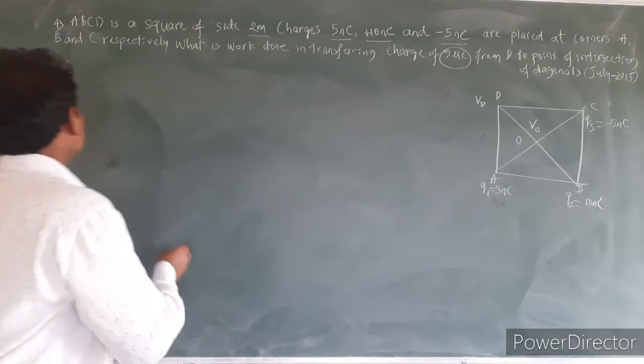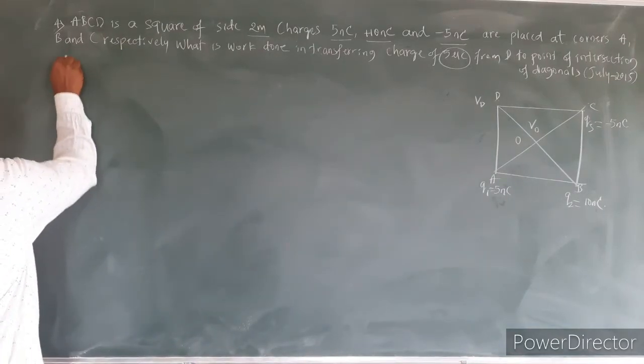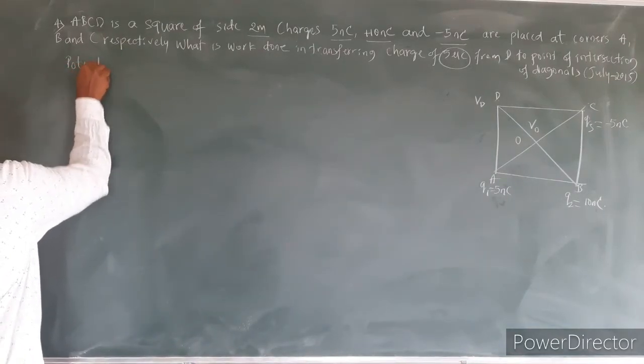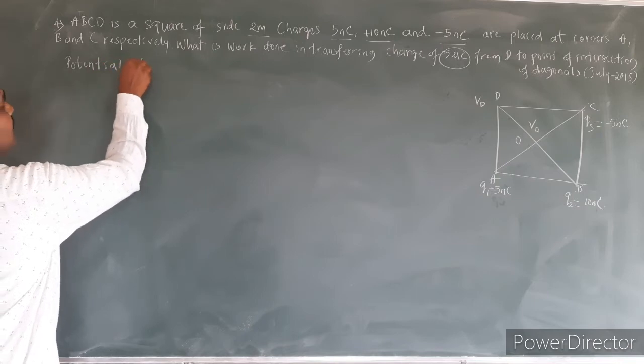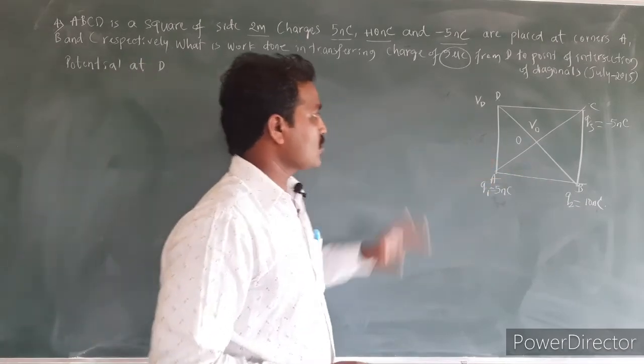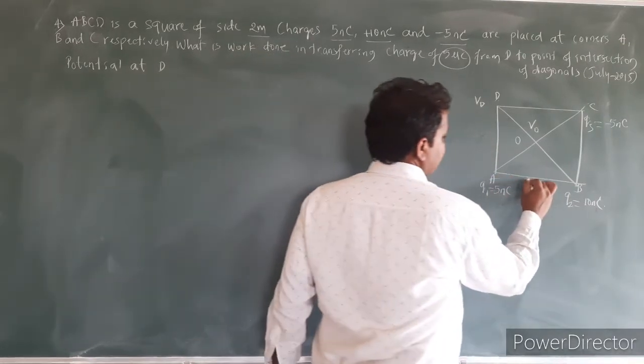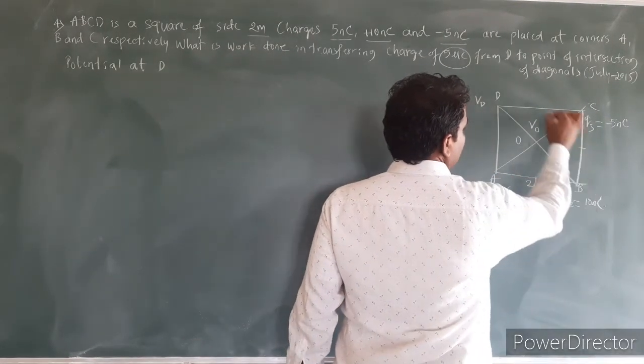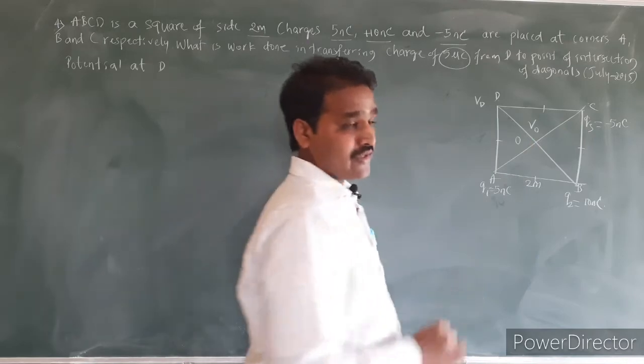First we shall find the electric potential at D because of these source charges, and the side length is 2 meters. All sides are equal to 2 meters.